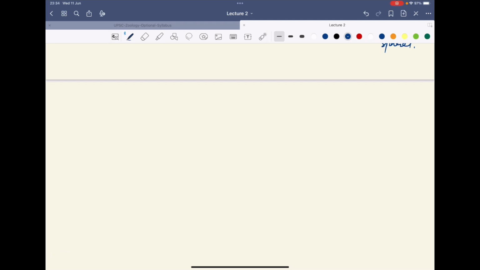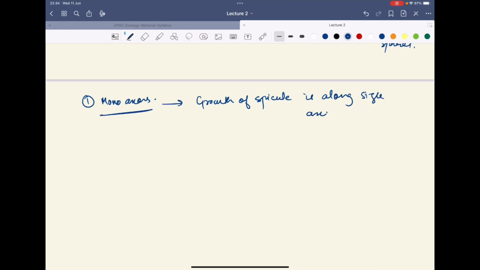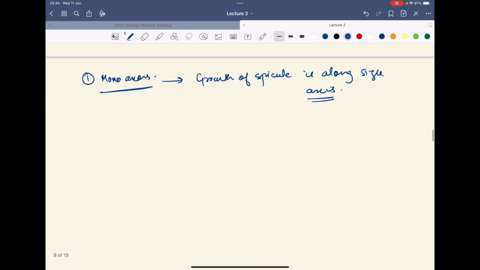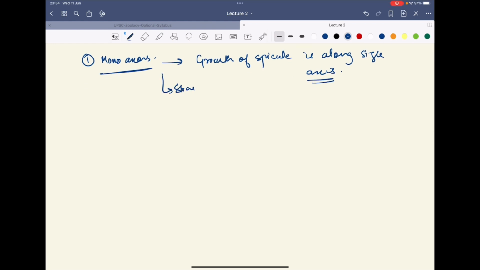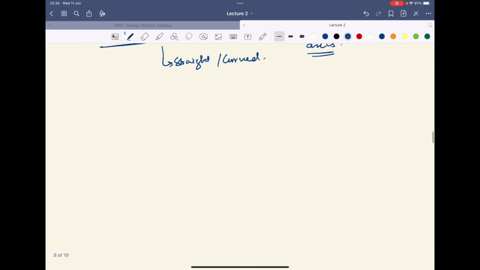If we see the monoaxons, you will observe that the growth of the spicule is along a single axis. Monoaxons can be straight as well as curved. They can be like this.